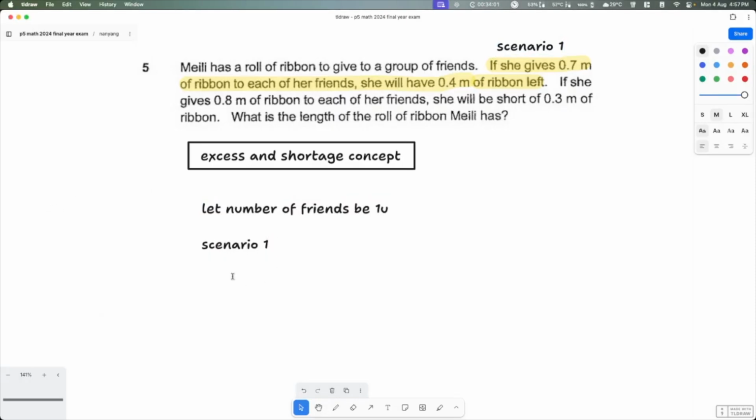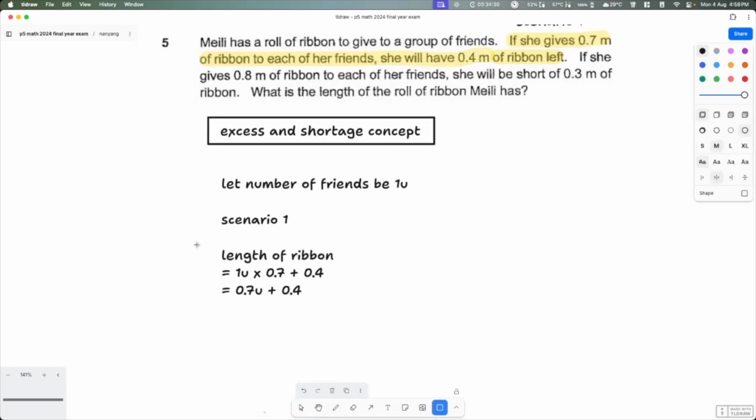That means the length of ribbon is equal to 1 unit times 0.7, and then she will have 0.4 meters of ribbon left, so we plus 0.4. This will be 0.7 units plus 0.4. So this is scenario one.